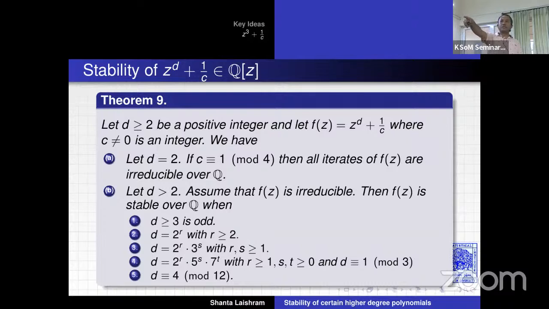For d equal to 3 we use one of the lemmas I stated before, or when d is a power of 2, or a power of 2 times 3, or a power of 2 times a power of 5 or 7 with certain conditions, or when d is 4 or 12.